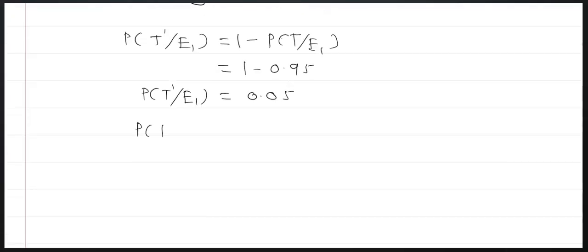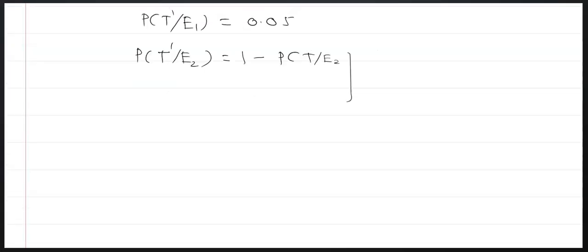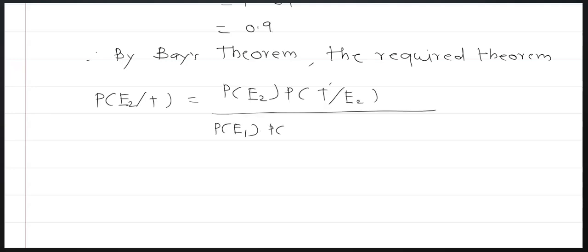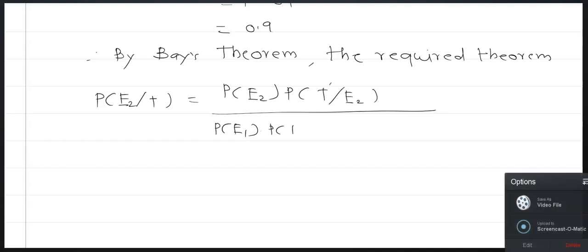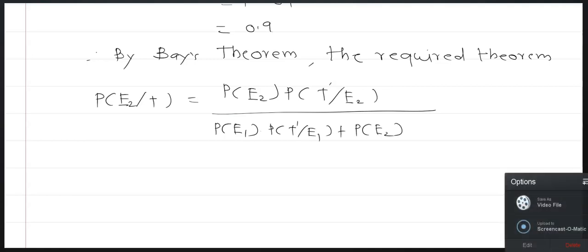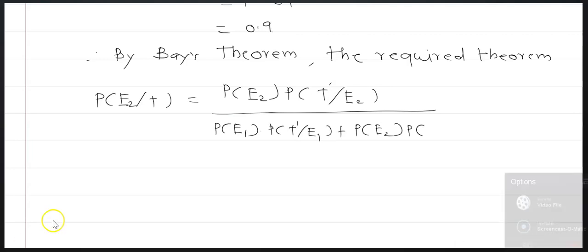Next, the probability of T dash conditional E2 is 1 minus, which is 0.9. Therefore, again by the Bayes theorem, the required probability, that is the probability of E2 conditional T dash, is equal to, T dash is required here.